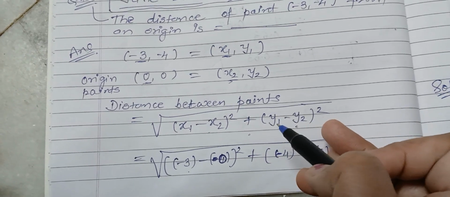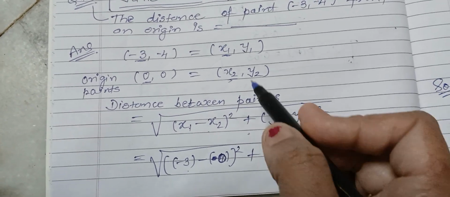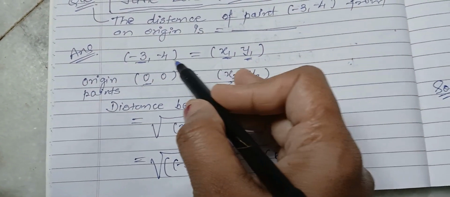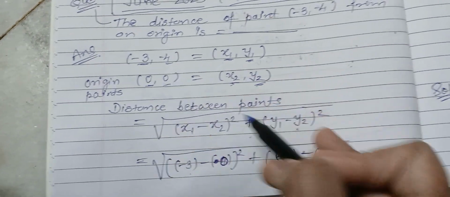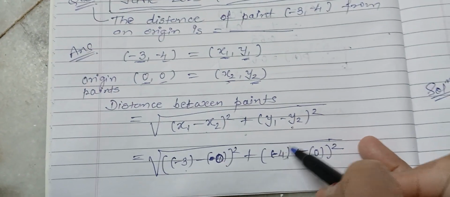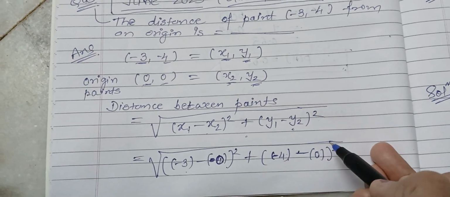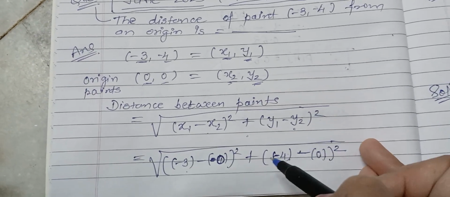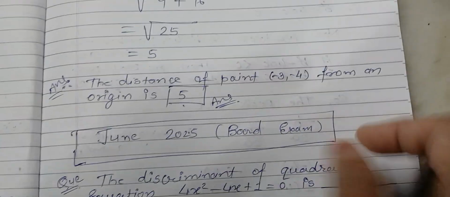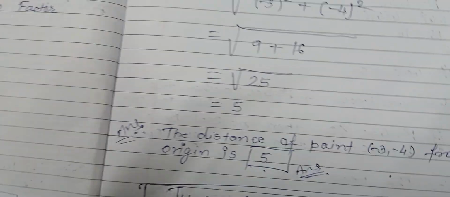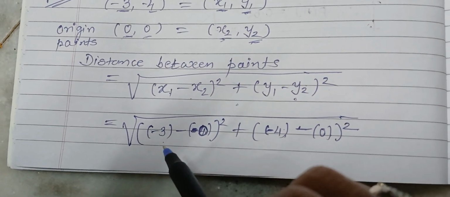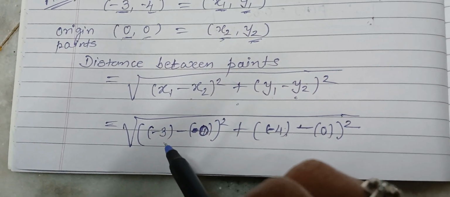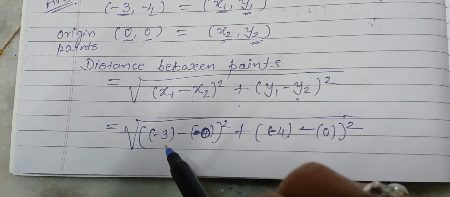Now if we are putting the value of y1 and y2, y1 is -4, y2 is 0. So y1 is -4 and y2 is 0, and then entire whole square. Okay, so if we are resolving this, -3 minus 0, that remains -3.